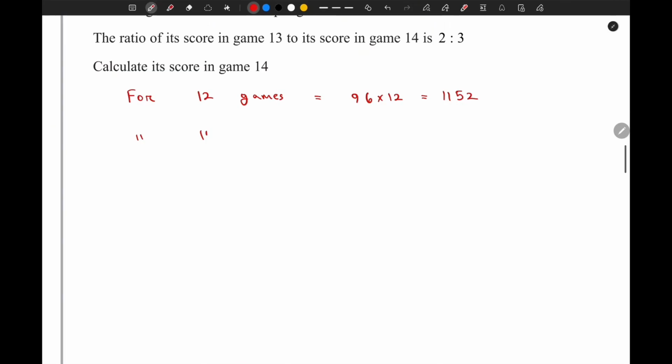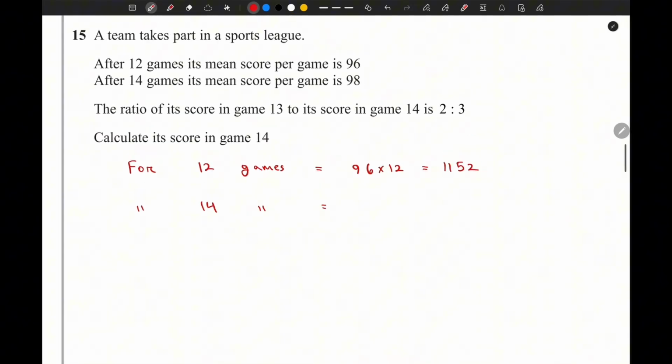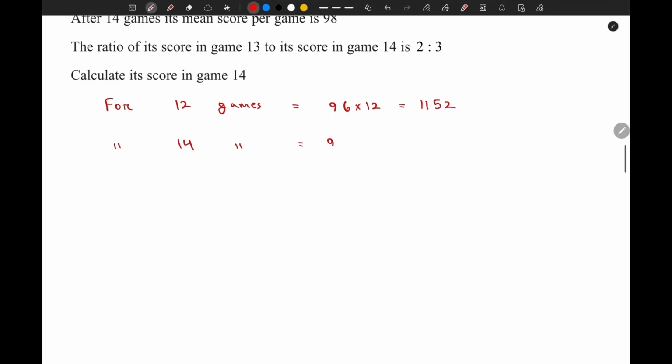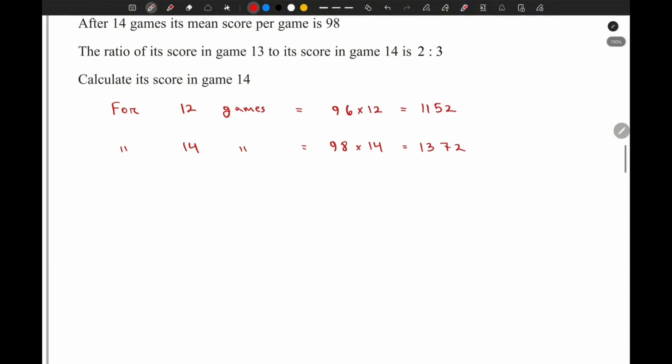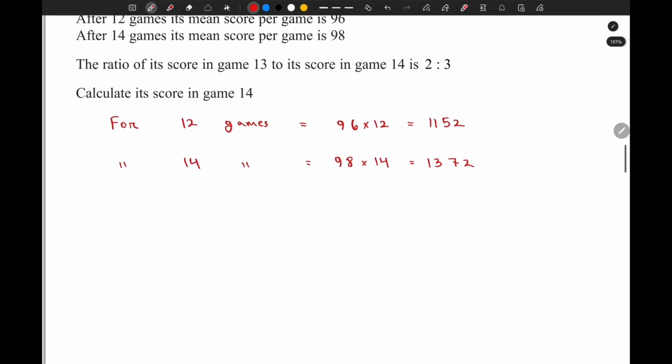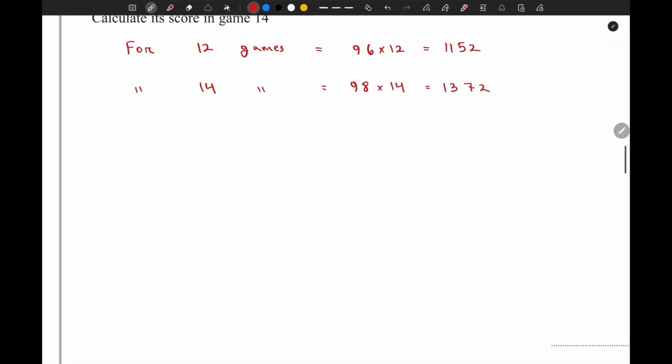And for 14 games, the total score would be 98 times 14, which is equal to 1372. Now, if I subtract 1152 from 1372, I will get the score for game 13, which is equal to 220.